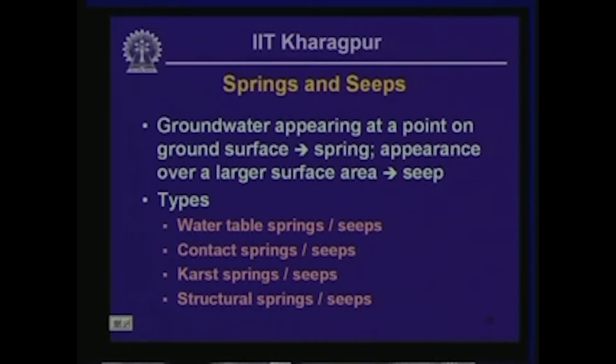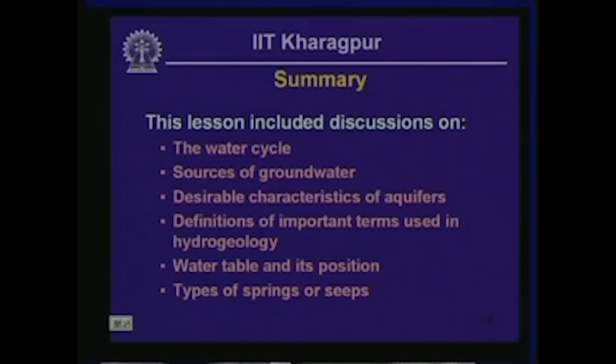So these are the different classes of springs and seeps that may arise at different locations depending on the geologic and structural characteristics of the subsurface formation.